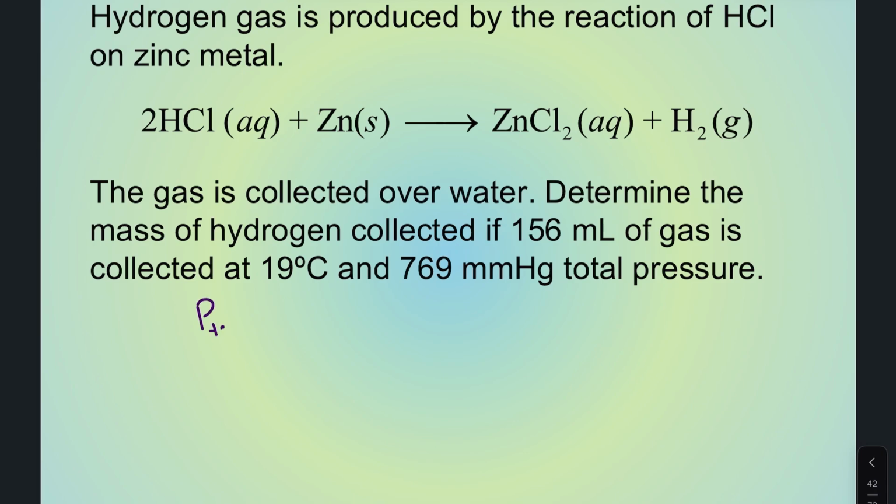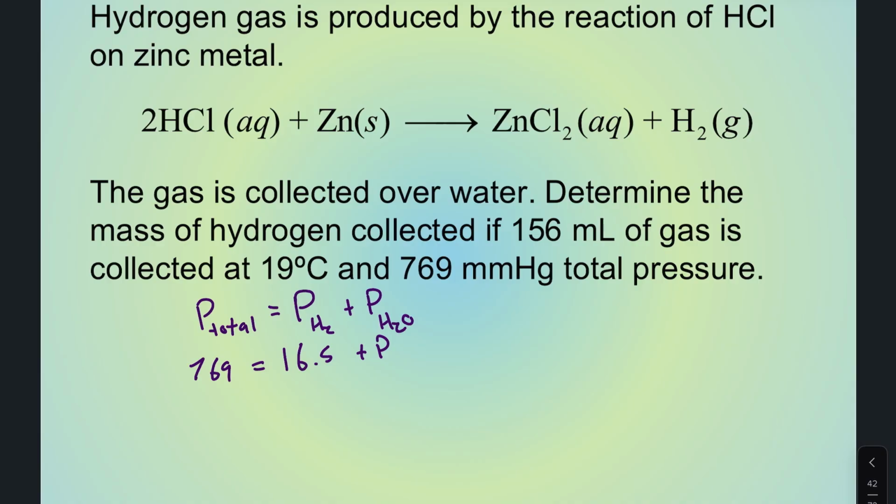So the P total is equal to pH2 plus pH2O. And P total we know to be 769. And we also know that we will have that equal to the pressure of H2 plus the pressure of water, which is 16.5 millimeters of mercury.